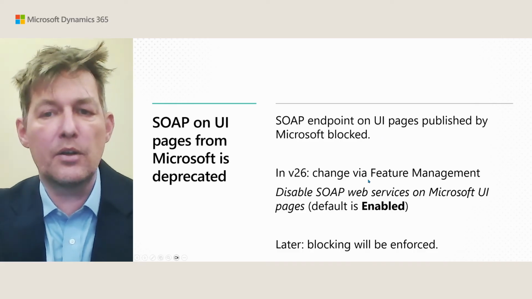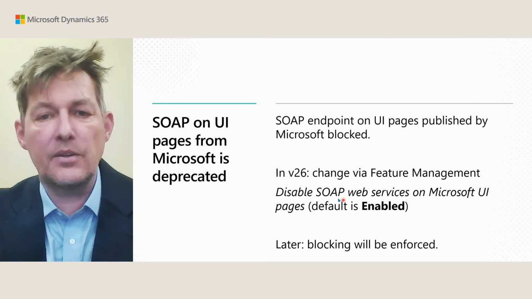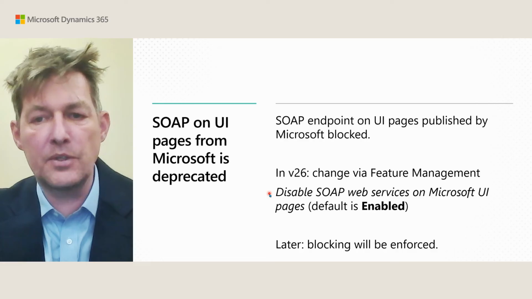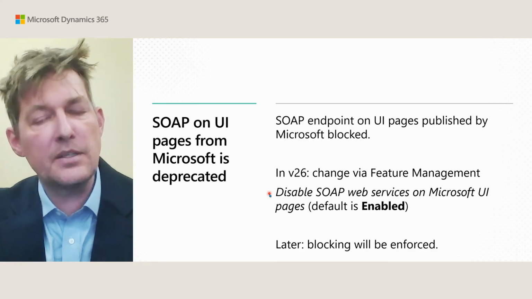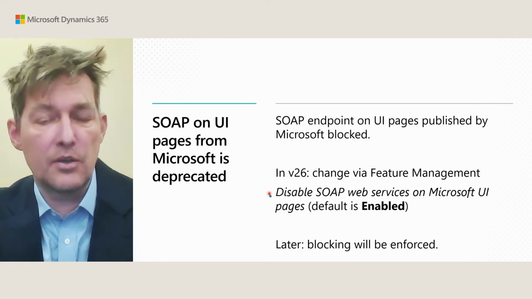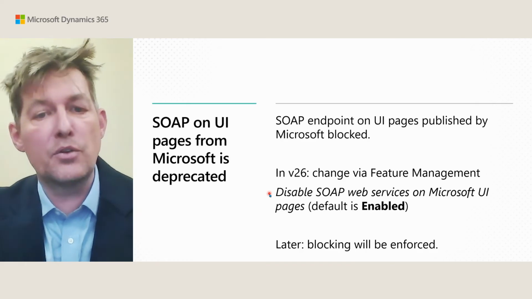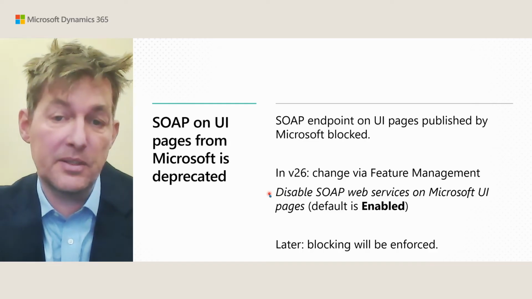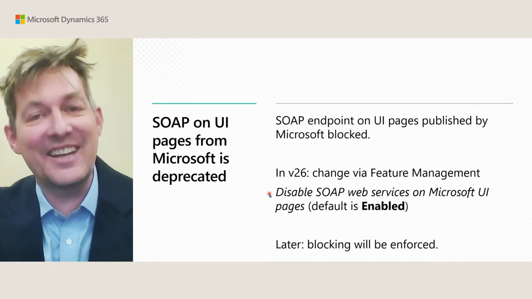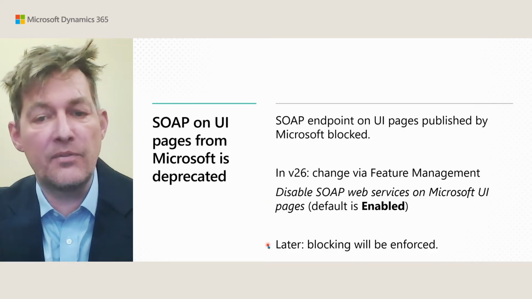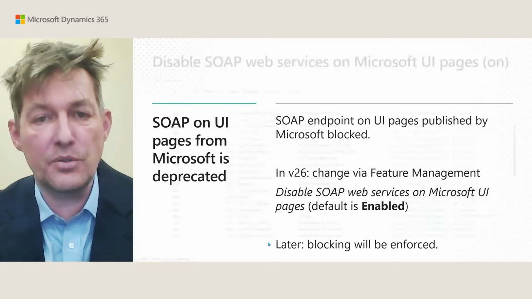You can still go to feature management and have this behavior, disable SOAP web services on UI pages. Its default is enabled, which means that these endpoints are blocked, but you can disable that, and then you can get unblocked.